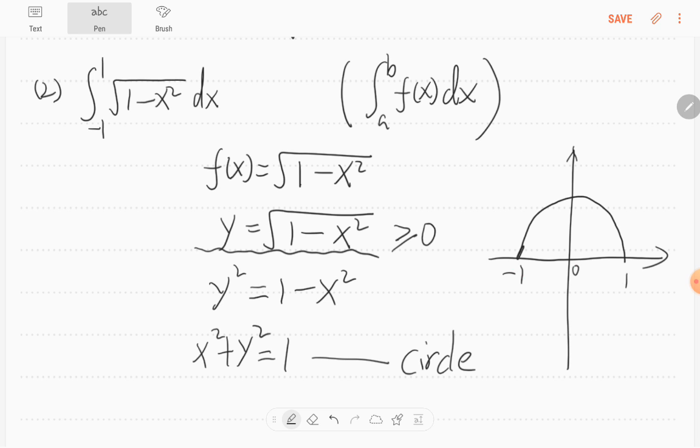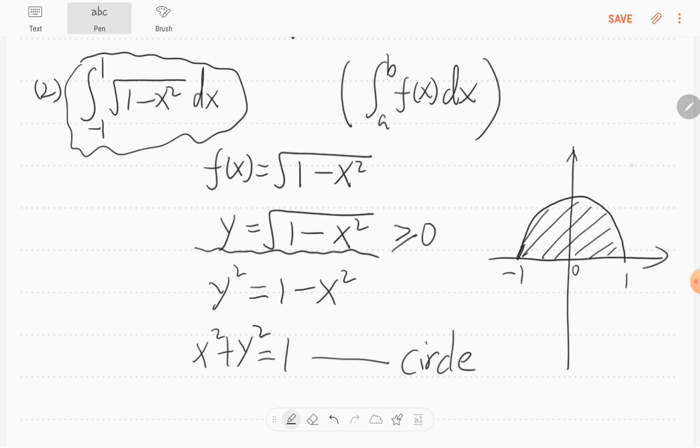So this definite integral is actually the signed area for this region. And since this region is above the x-axis, it should be a positive area, right? And let's compute the area for this semicircle.